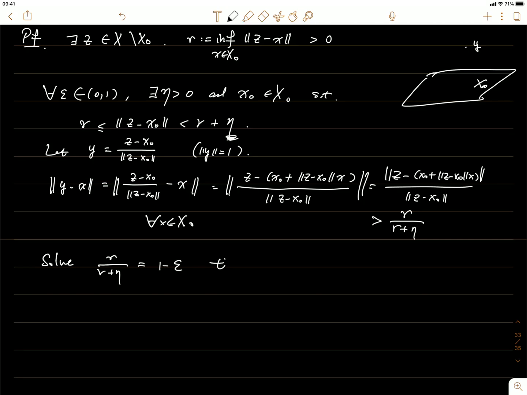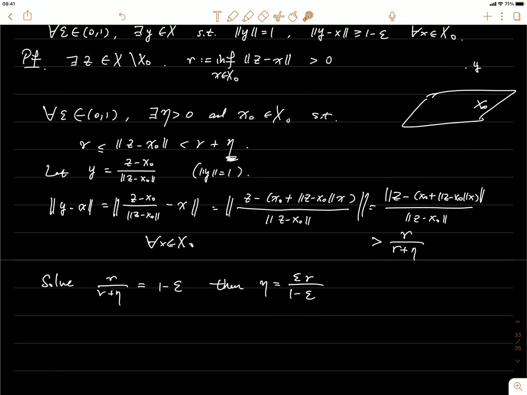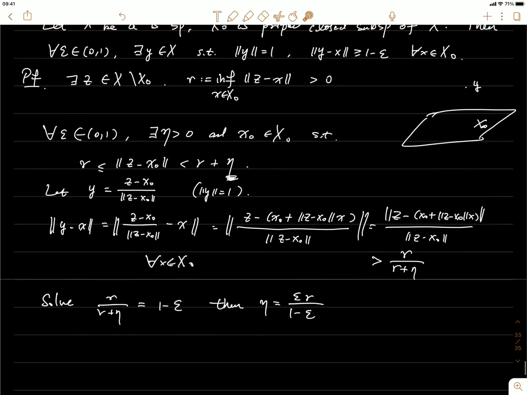Then I will get eta equal to epsilon r over 1 minus epsilon. So you can set any eta less than or equal to this number, and then I can show that this is always greater than or equal to 1 minus epsilon for any x in here. That's the Riesz lemma.